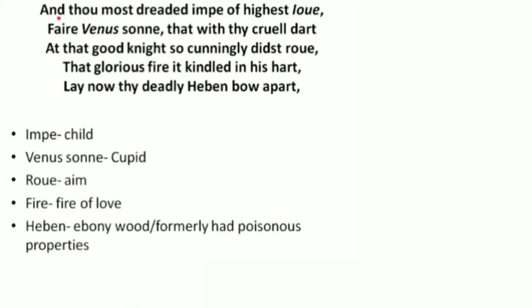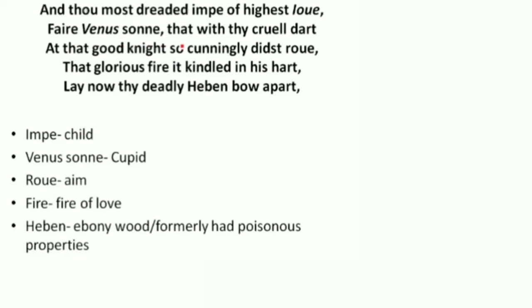And thou most dreaded imp of highest Jove. Imp is the child, offspring. So dreaded is that most people are afraid of. So highest Jove. Jove is a reference to Venus and Jove, whose son is Cupid. Fair Venus' son. That imp is the offspring.